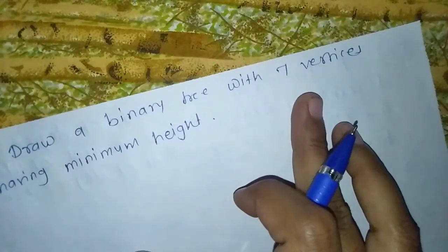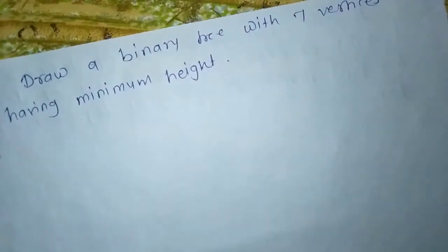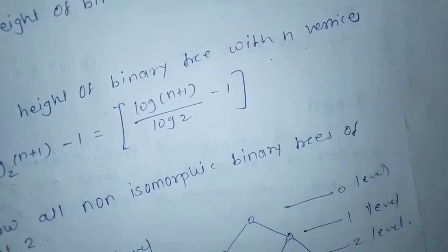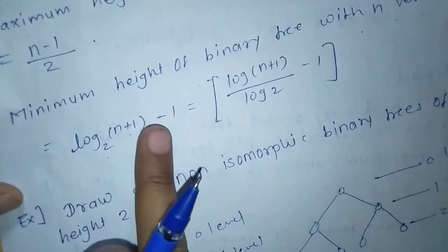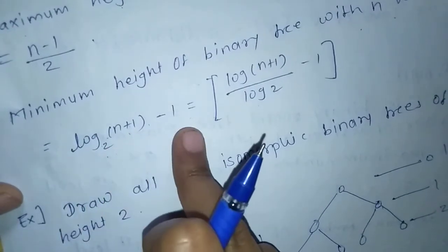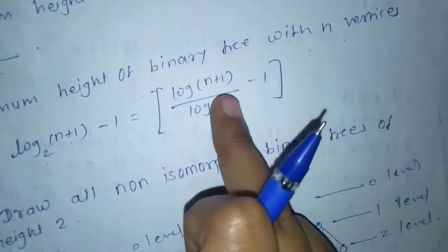Next example, draw a binary tree with 7 vertices having minimum height. Here we know that the minimum height of a binary tree with n vertices is log of (n plus 1) to the base 2 minus 1, which is log of (n plus 1) upon log 2 minus 1.